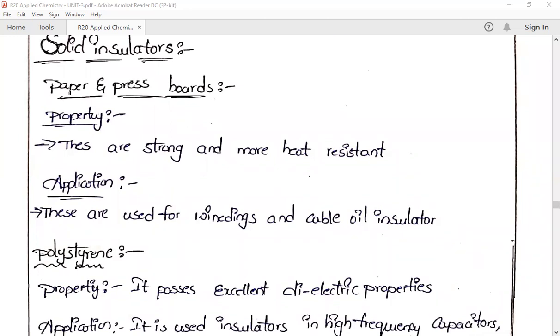Coming to the first example of the solid insulator, that is paper or press boards. They are made from wood cellulose. Paper is also made from rags, cotton, linen, and various types of hulls.